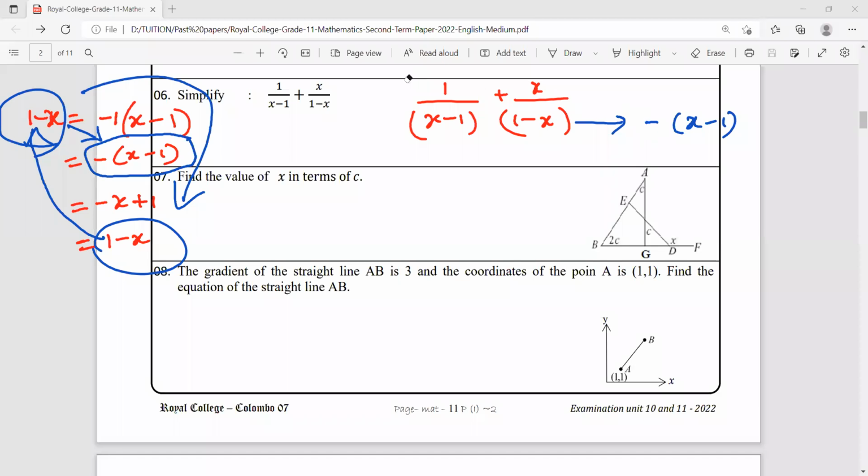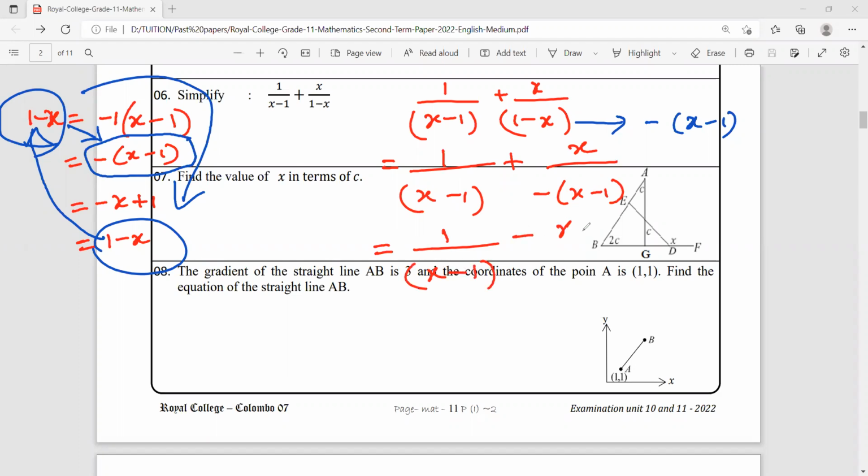So this way I could write this question like this: is equal to 1 over x minus 1 plus minus x minus 1 over x, and you can do it like this, then you don't have to write the minus sign in the denominator. Then x minus 1, right? Then you have the common denominator x minus 1.